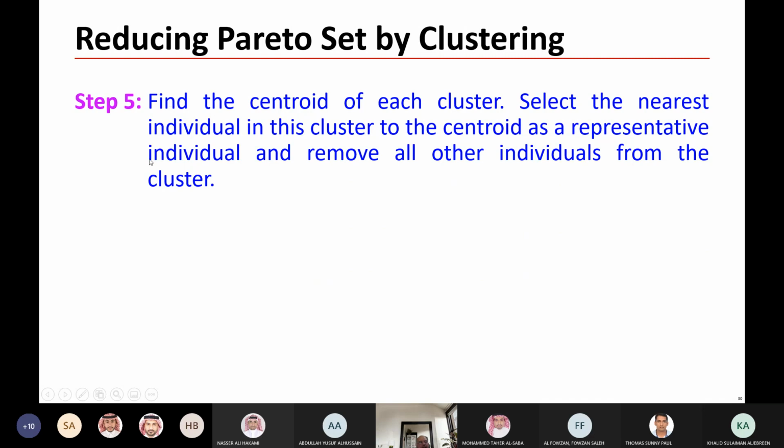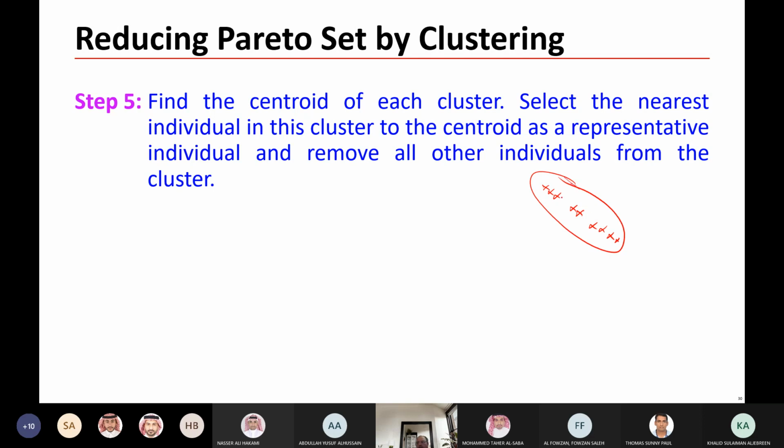If you reach the maximum size that you need and you have clustered all the solutions, then you can find the centroid, the average value of each cluster, and select the nearest individual in this cluster to the centroid as a representative individual and remove all other individuals from the cluster. And of course, if this is the cluster and you have a solution here, solution here, solution here, this could be one cluster only.